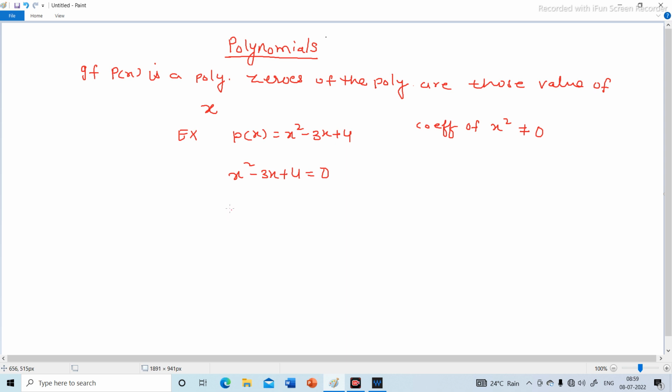If I factorize this one, splitting the middle term, x square minus 4x minus 1x plus 4 equal to 0.